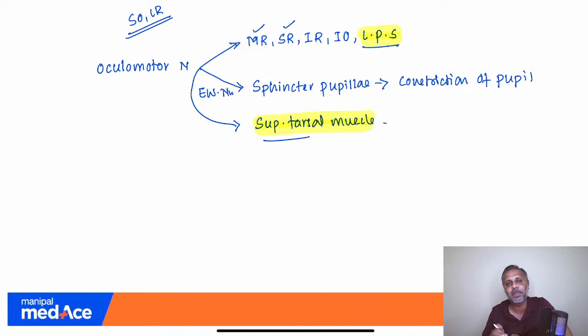If fibers supplying these two muscles are damaged, it will result in drooping of the upper eyelid. What is drooping of the upper eyelid called? It is called ptosis. So, if you know the functions of the oculomotor nerve, you can easily answer this question.